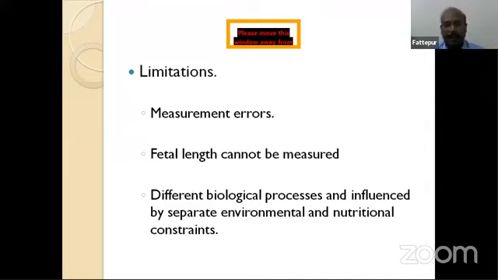And there are different biological processes affecting the fetus and the postnatal baby. There are many environmental and nutritional constraints which affect the postnatal baby rather than the fetus. So we should not be taking the fetus as such. There were limitations with this also.